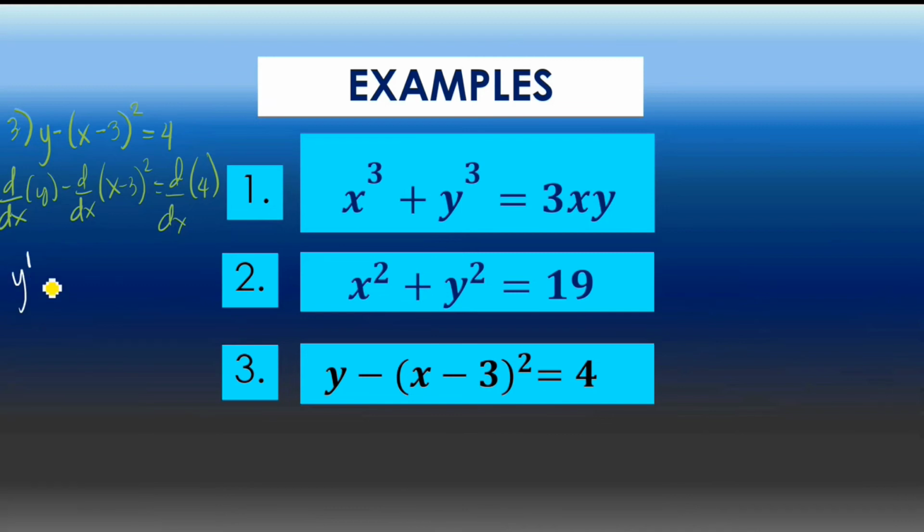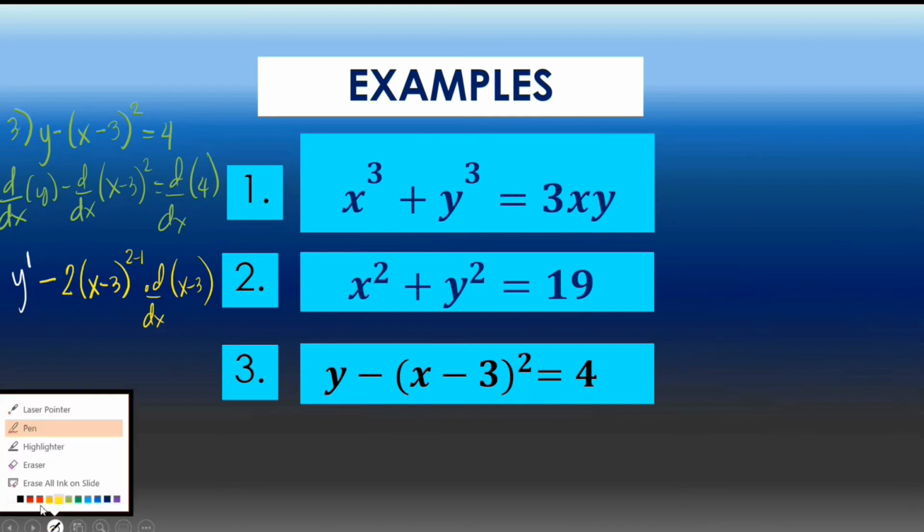Then minus that is x minus 3 raised to 2. So what we're going to apply here is the general power rule. So by general power rule, you copy the power, copy the base x minus 3. Okay, then power is 2 minus 1. Then multiply by the derivative of the base x minus 3.